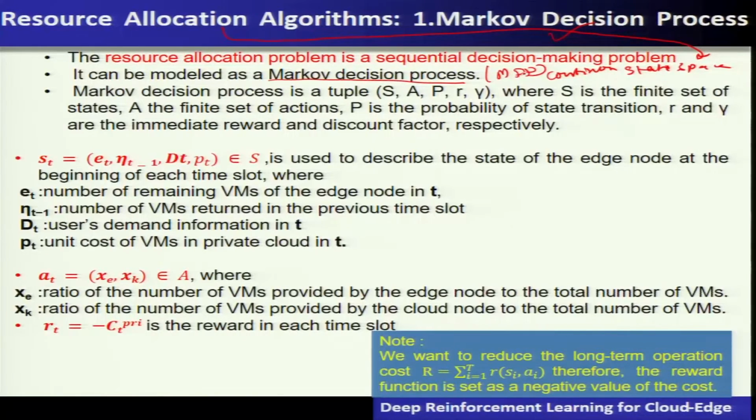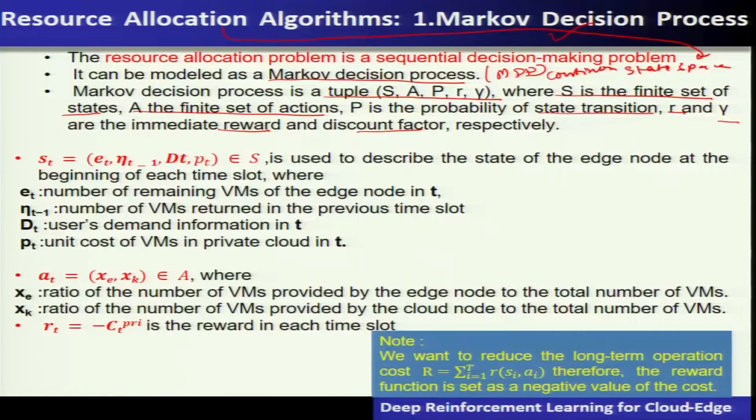To model this problem using a Markov decision process, we can describe this MDP formulation with a tuple S, A, P, R and gamma. So S is a finite set of states and A is a finite set of actions, P is the probability of the state transition, R and gamma are the immediate reward and the discount factor.